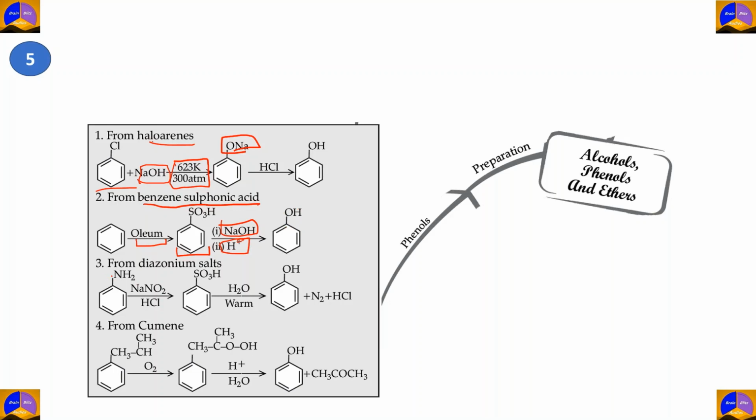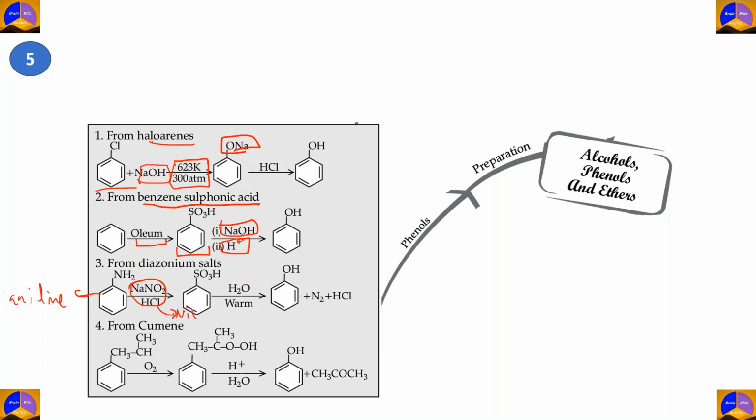Third, from diazonium salt. So aniline, which is benzene with NH2. Let me write it there. Aniline under the influence of nitrous acid. So nitrous acid is this compound here.